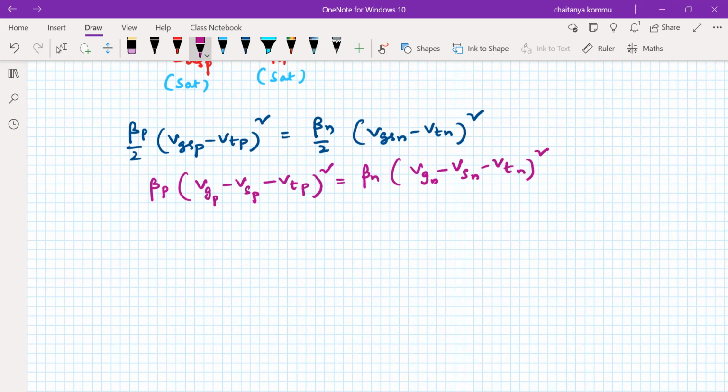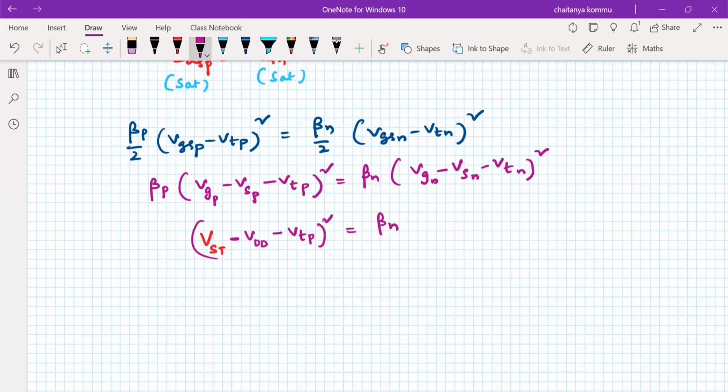That Vin is actually Vout, and that Vout is actually the switching threshold voltage, right? So I can write V switching threshold minus, what is the VS of the PMOS? It is connected to the power supply VDD. Minus VTP, whole square.